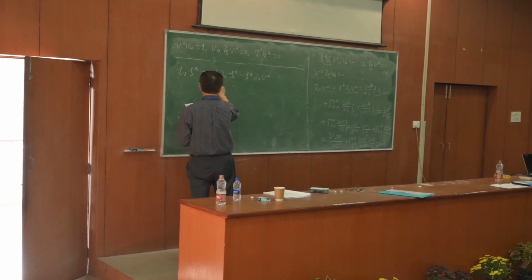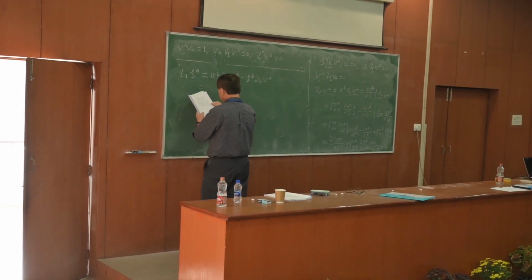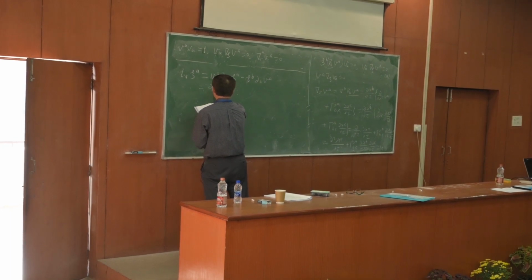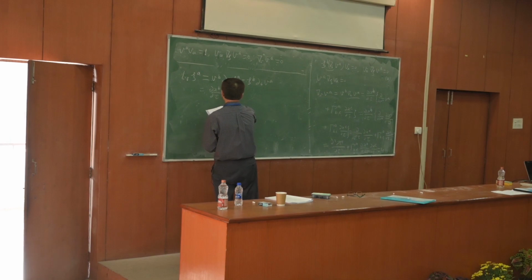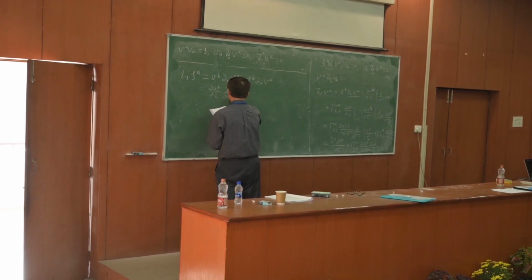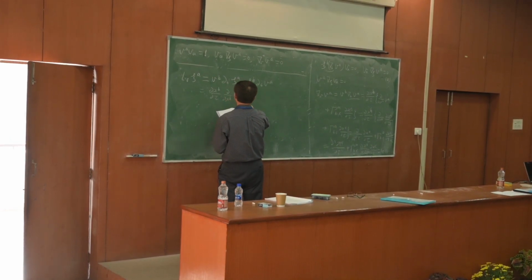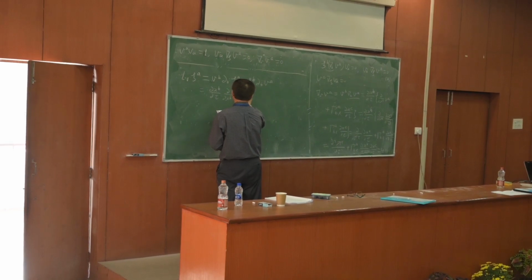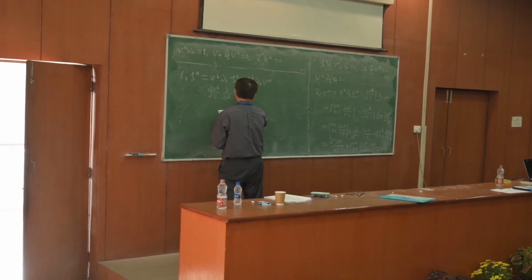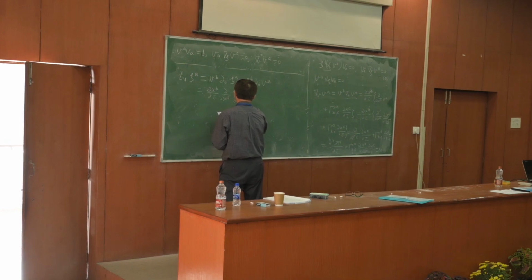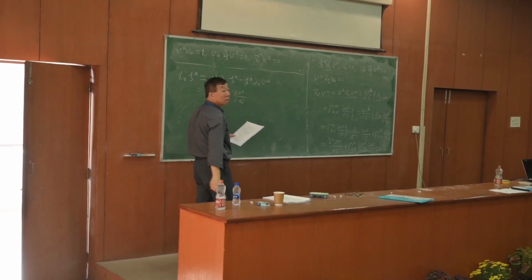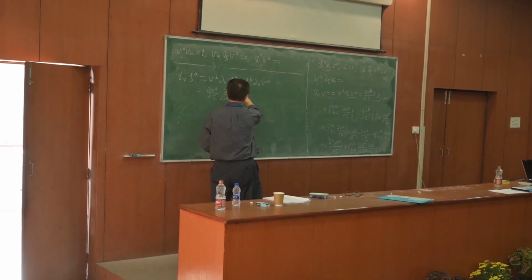The definition of this guy is dx d tau and dx b. This means dx b, right? Then this guy is equal to dx a d, right? So this is the definition.